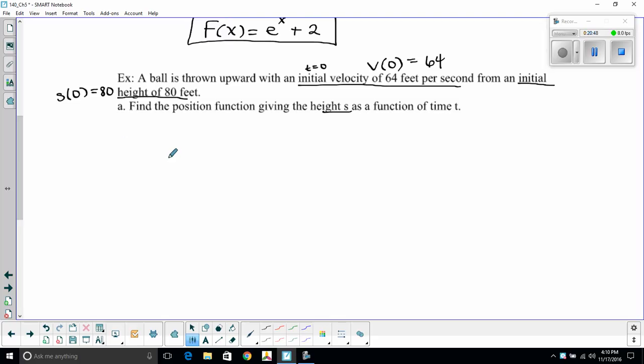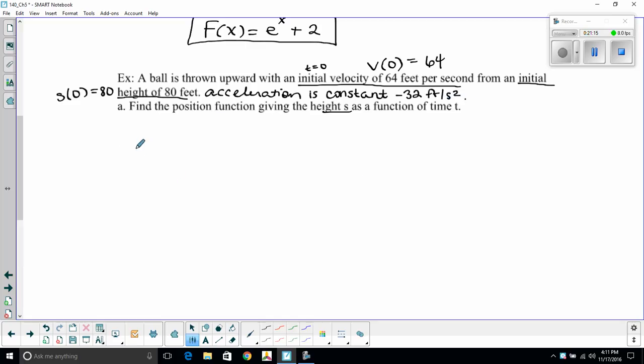All right, so I guess I need to also tell you that the acceleration is constant, negative 32 feet per second squared.